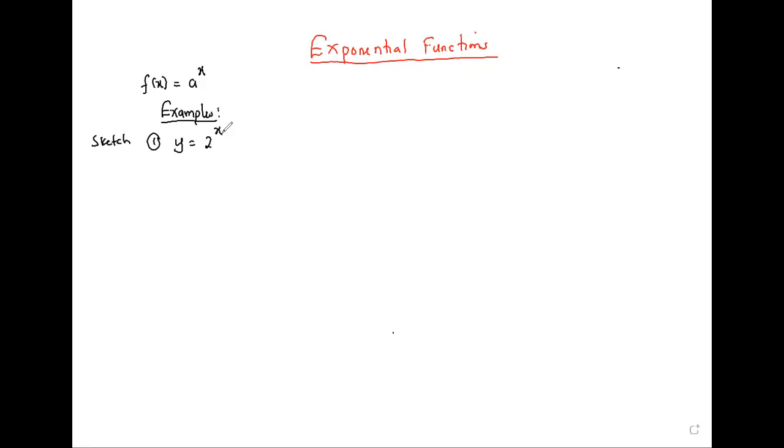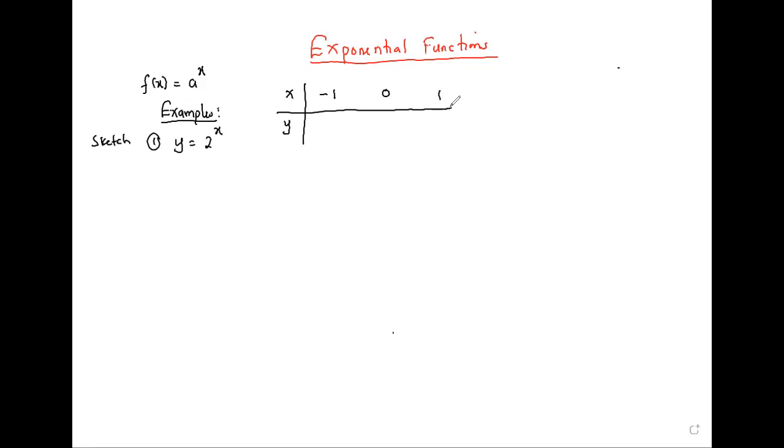So in this case, we'll pick the x values. Let's pick -1, 0, and +1 as our x values. So in our table, we need to solve for the y values. Let's see.